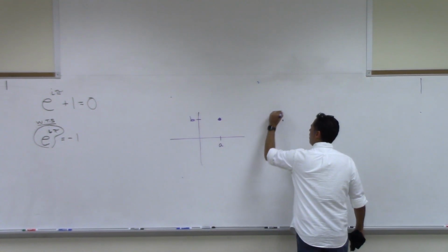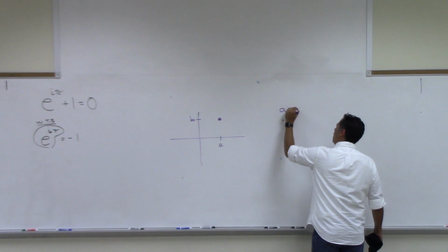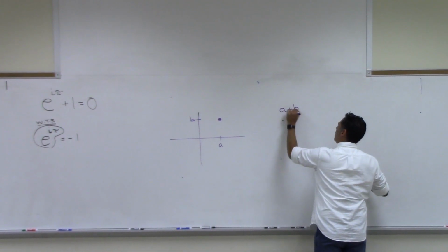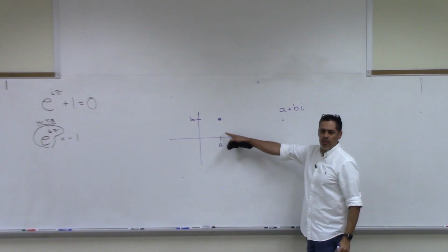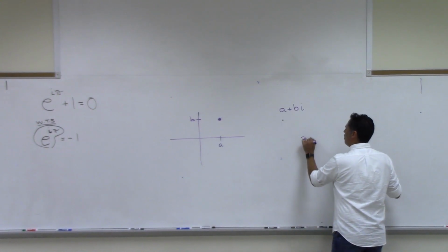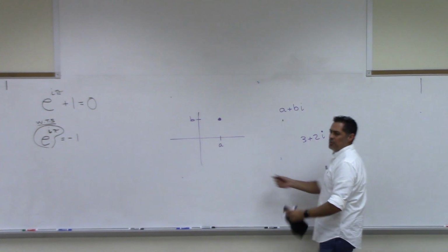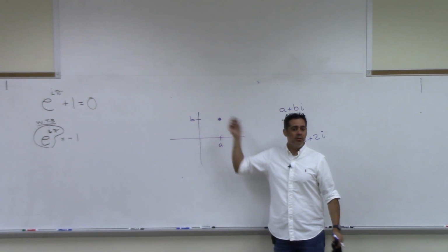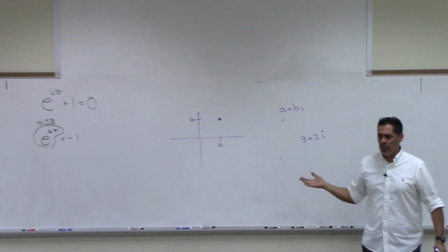We could call that number a plus bi. So if I write 3 plus 2i, that means you go to the right 3, you go up 2. That would be the complex number 3 plus 2i.